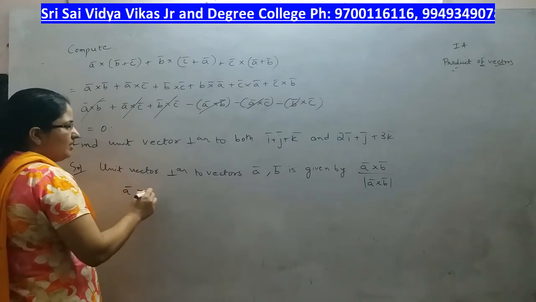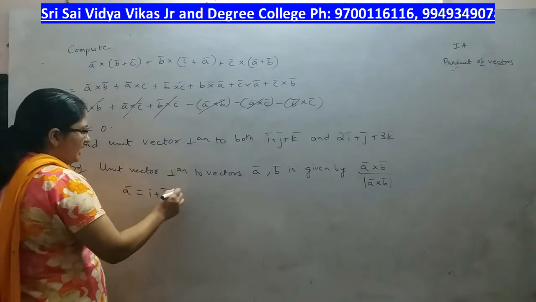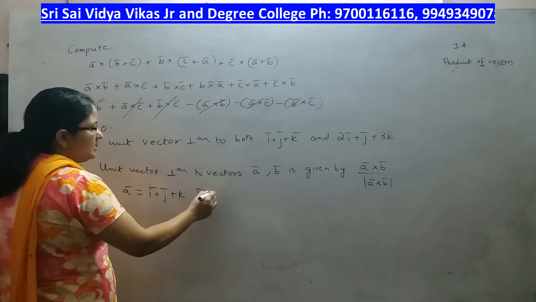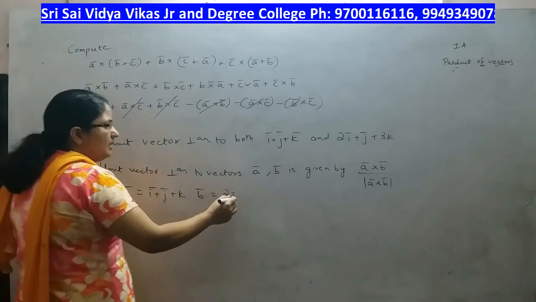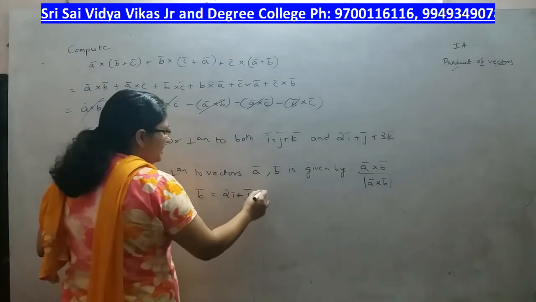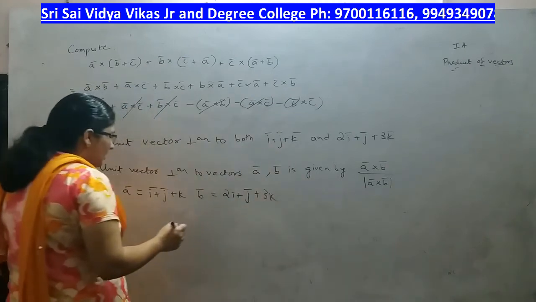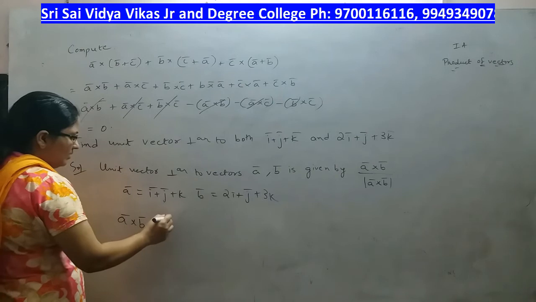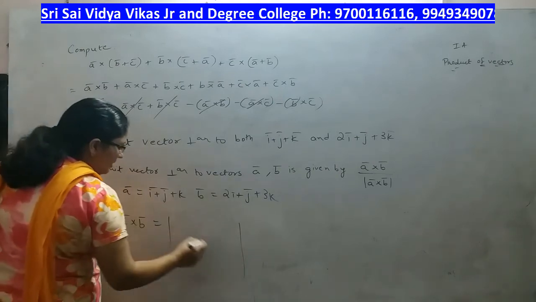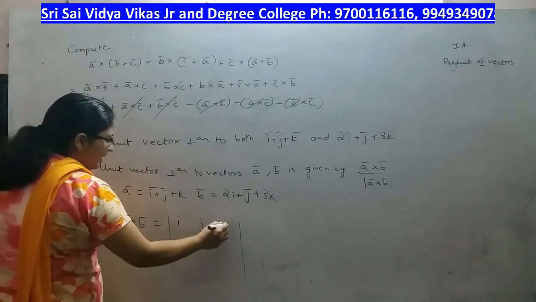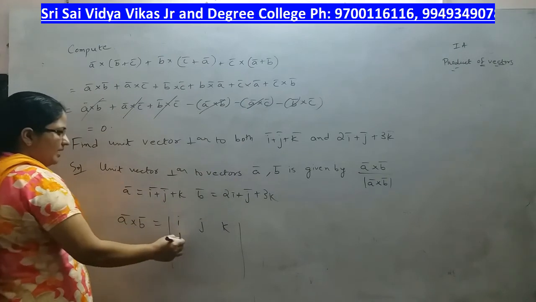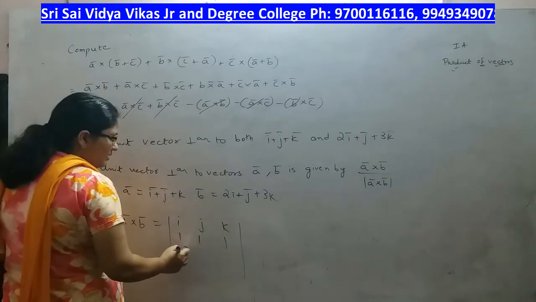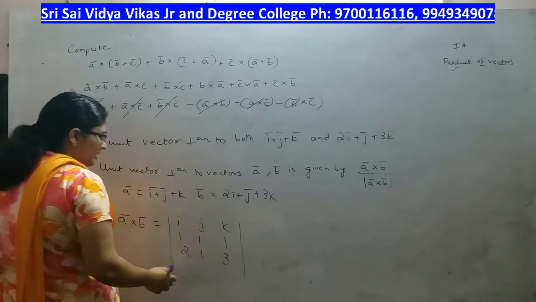A bar is equal to i plus j plus k. B bar is equal to 2i plus j plus 3k. A bar cross B bar is equal to i j k, 1 1 1, 2 1 3.